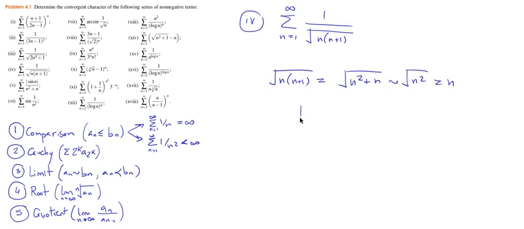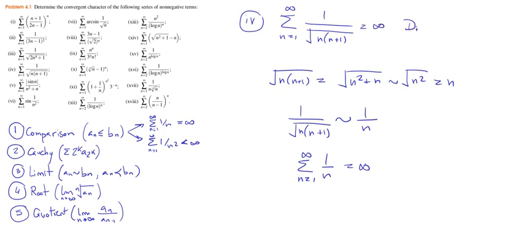Okay, so we could say that 1 over the square root of n times (n plus 1) is asymptotically equivalent to 1 over n. But the sum from n equals 1 to infinity of 1 over n is the harmonic series. It is infinity. Because these two are asymptotically equivalent, the convergence of their series is also equivalent. So this means that this series is divergent to plus infinity.